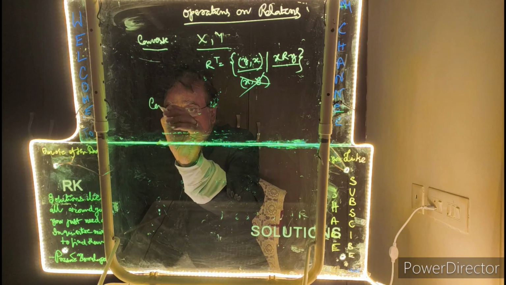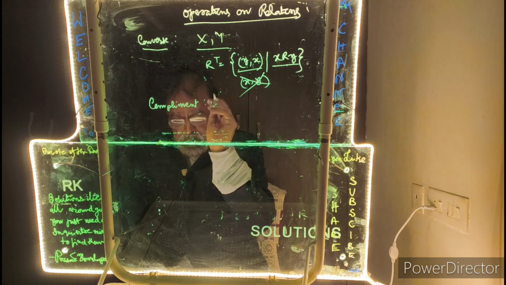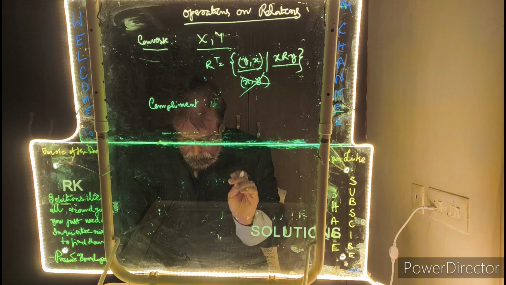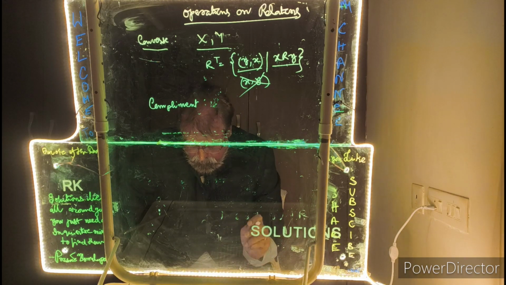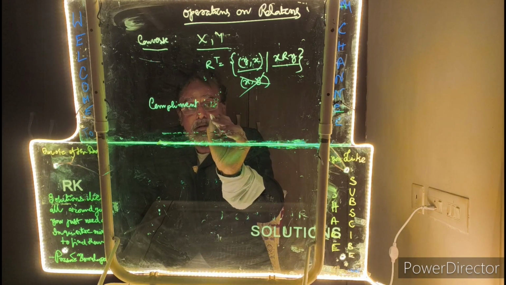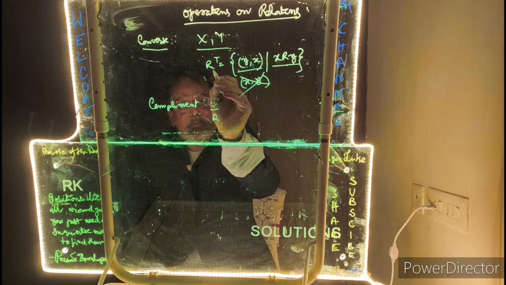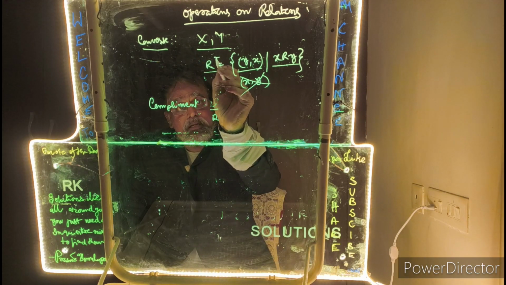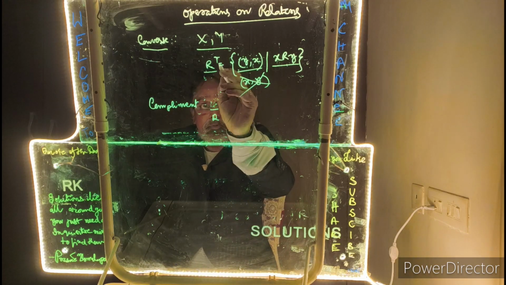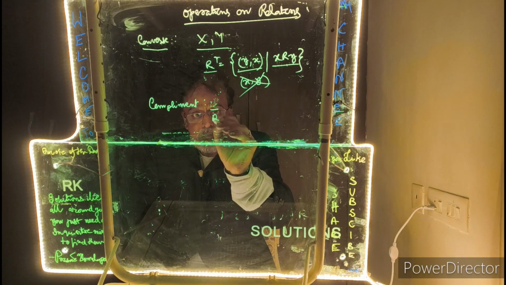Next we have complement. The converse is represented with the letter T as a superscript on the relation.